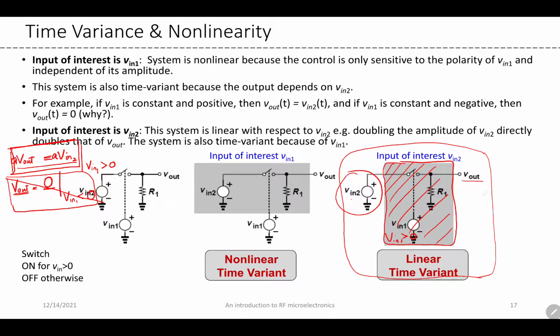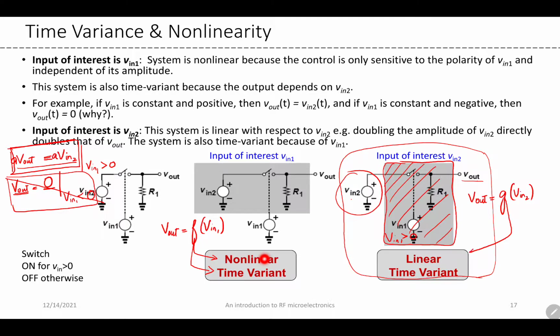So if I express V out as a function of V in 2, so if V out is G times V in 2, whereas earlier we saw V out is F times V in 1, right? So this F was non-linear, this F was time variant.